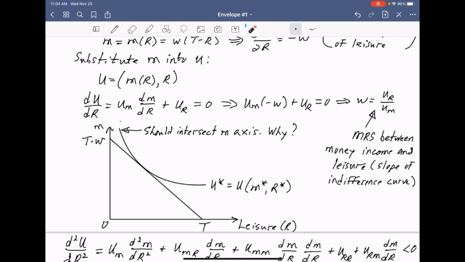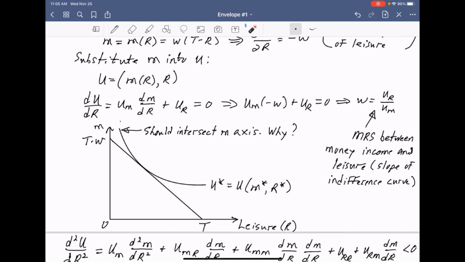This implies that the marginal utility of income multiplied by the negative wage plus the marginal utility of leisure time is equal to 0. And as a result, we find that the wage is equal to the marginal utility of leisure time divided by the marginal utility of income. And this is the marginal rate of substitution between money income and leisure.